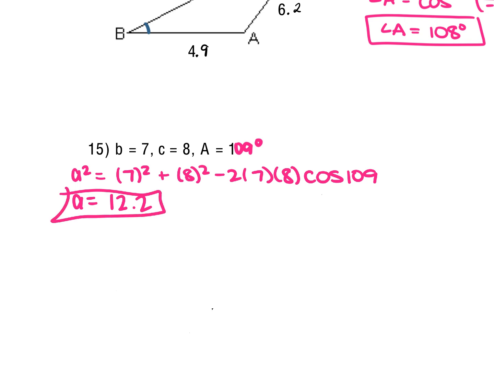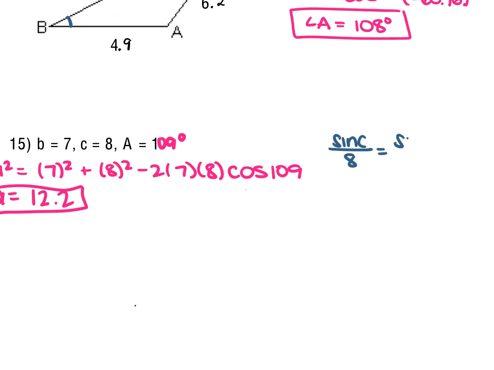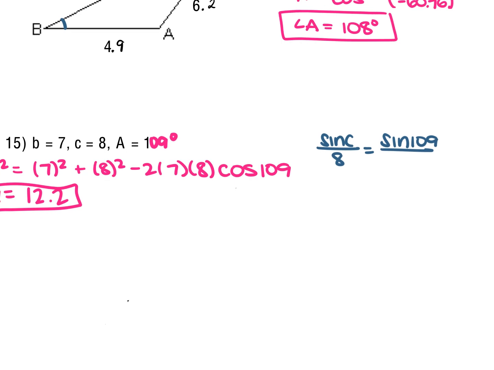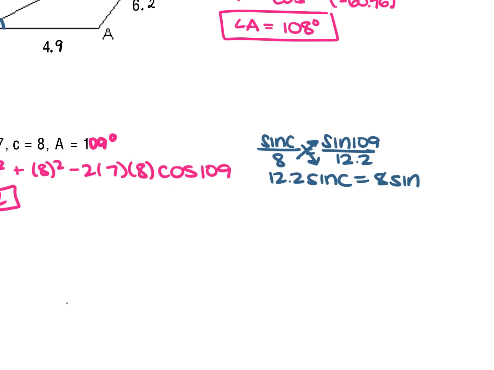So from here, we're going to find angle C, since c is the next largest side length, by using law of sines. So we're going to do sine C over 8 is equal to sine 109 over 12.2. Cross multiply, that gives you 12.2 sine C is equal to 8 sine 109.